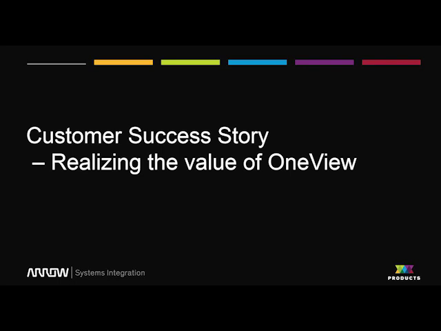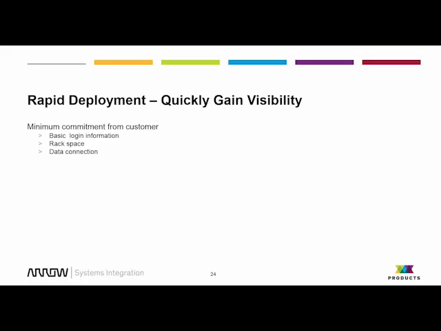So let's talk about a customer success story here. The customer, and unfortunately we're not at liberty to disclose the name, is a large multinational customer. And again, we talked about the rapid deployment earlier.